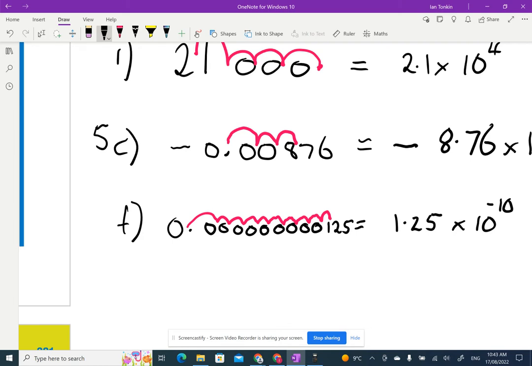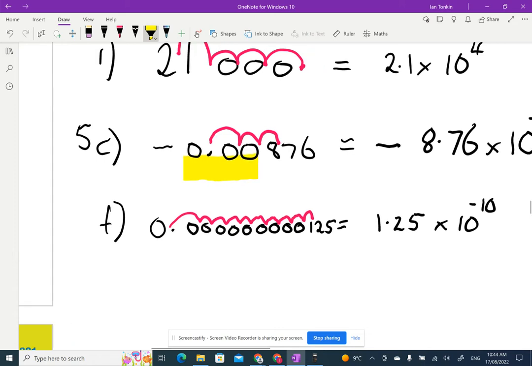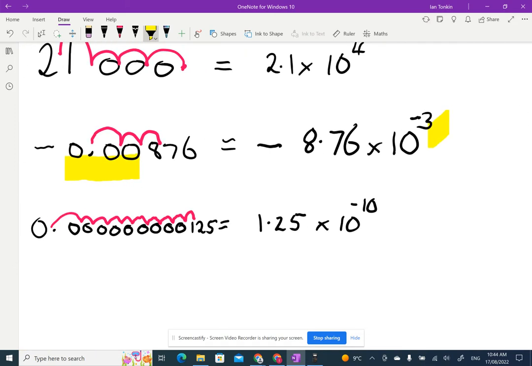Now here's an interesting thing that I want you to notice. If I write 0.000 or whatever number, see how many, there are 3 zeros there, and there are 3 in the power. There are 10 zeros there, 10 in the power.